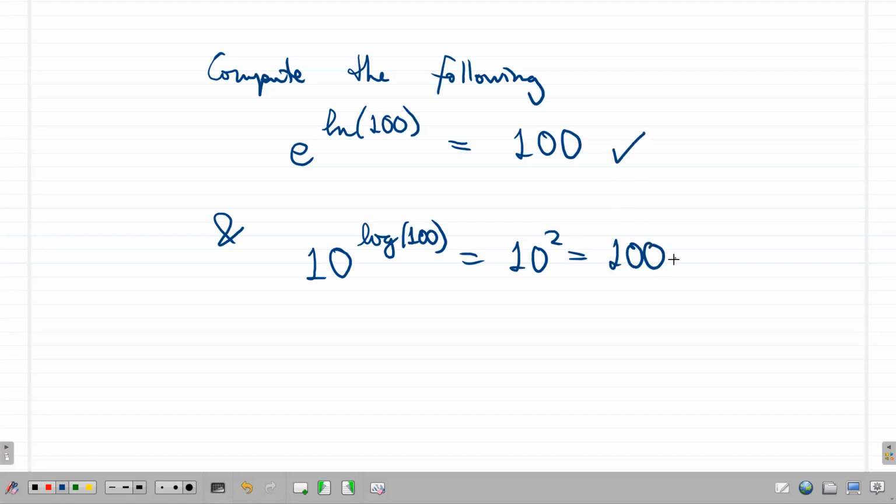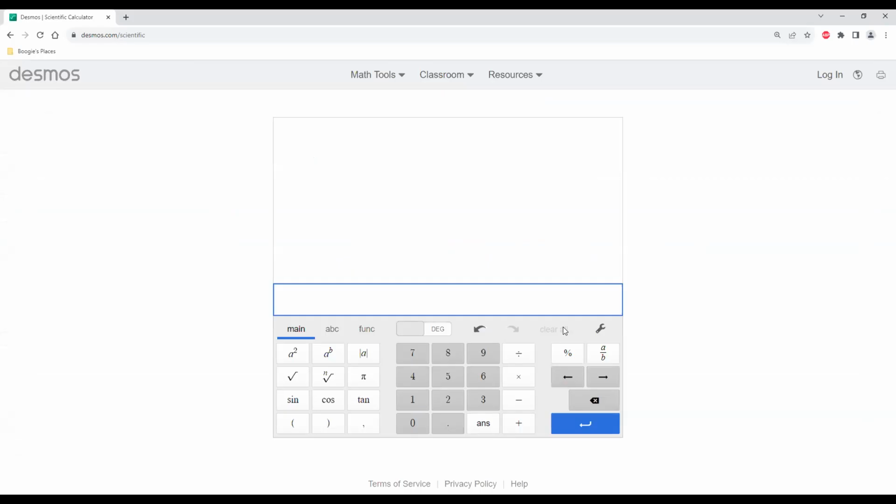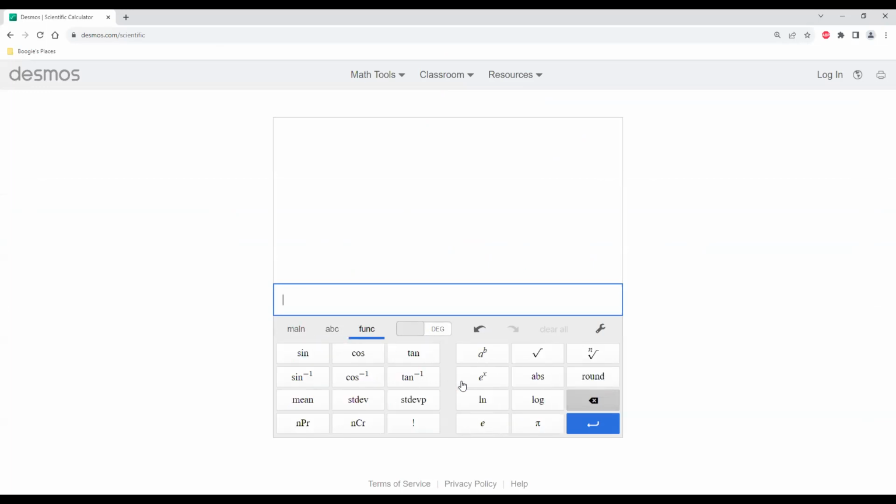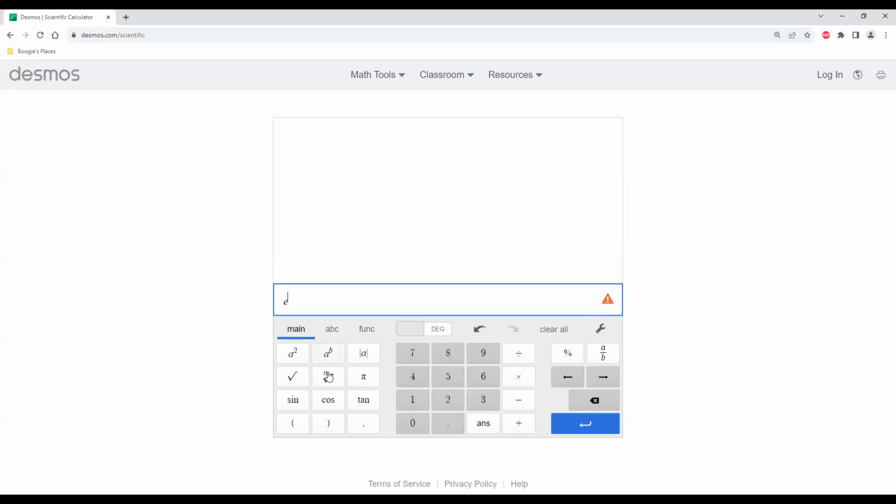So I know both these facts are actually true. My calculator surely should verify both these identities here. Let's have a look. I feel like I'm picking on the calculator today, but let's give it a go. Let's start with e to the log of 100. So e to the power x, that gives me e to the, where's my log gone?